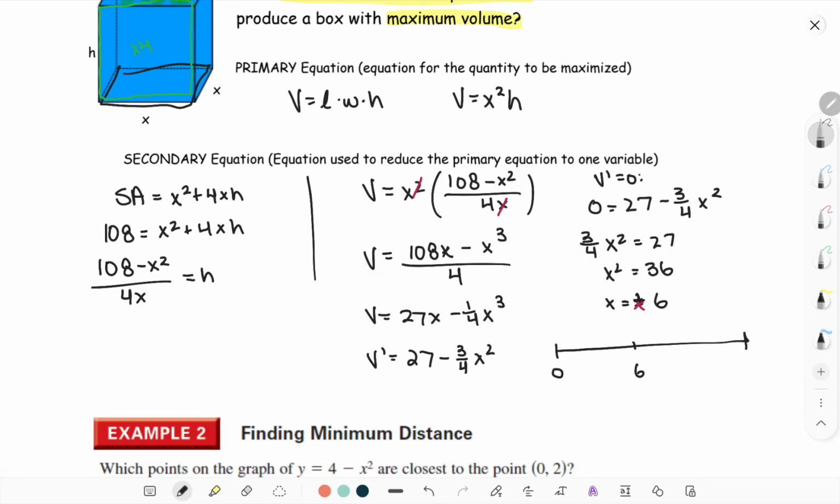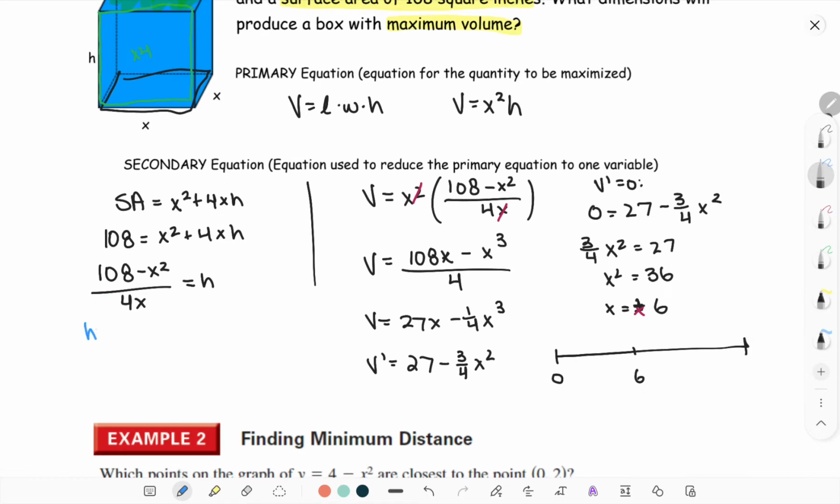And then my maximum value is going to come over here, where I know that height also has to be greater than or equal to 0, because I can't have a negative height. But again, I'm going to use that in terms of x. So (108 minus x squared) over 4x has to be greater than or equal to 0. Solving this inequality, I can multiply both sides by 4x.